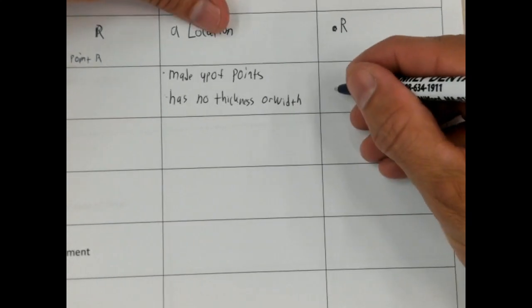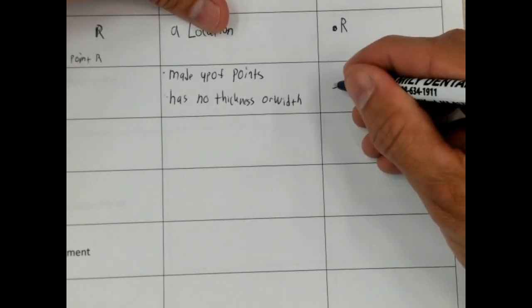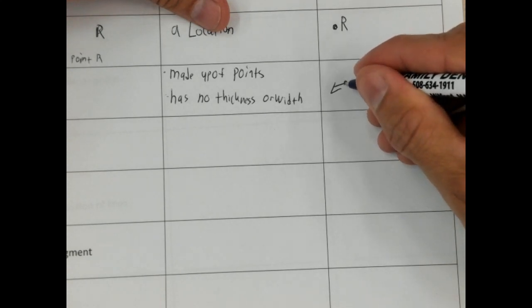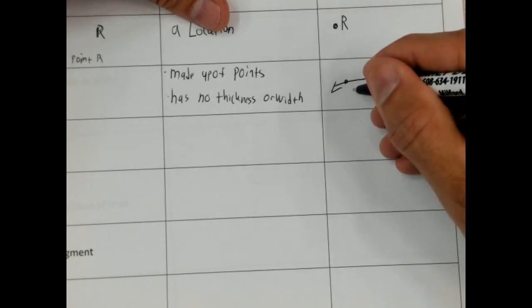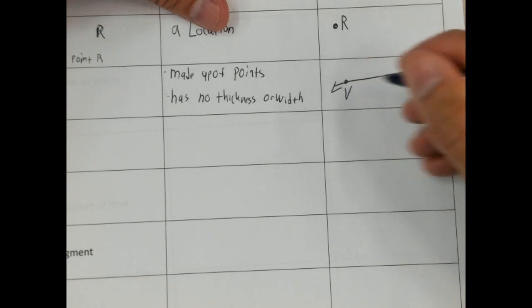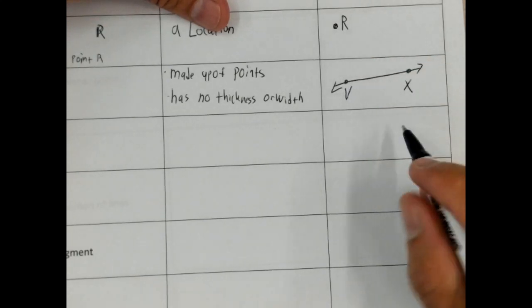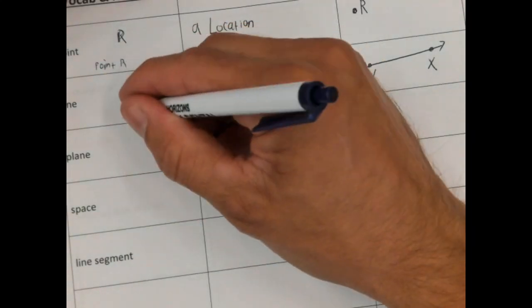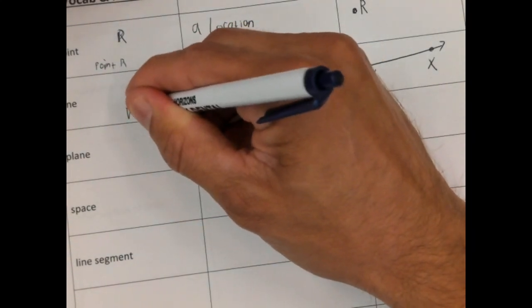Now a line is going to be extending in two directions infinitely, and it's defined by 2 points that lay upon it. Okay, so we're going to call these V and X. Those are 2 points on it. Now, if we want to label that, we would call it line VX.